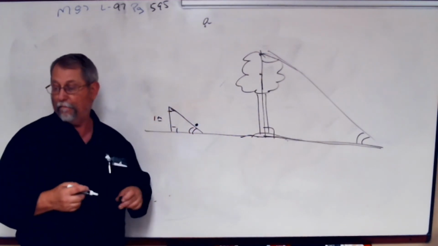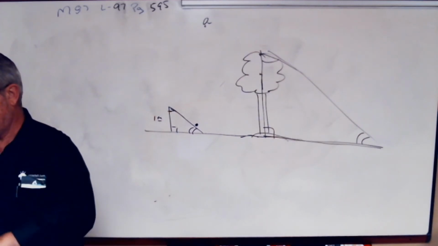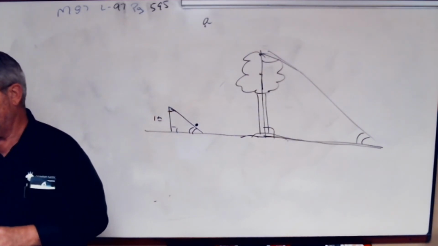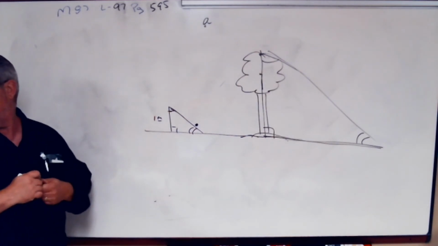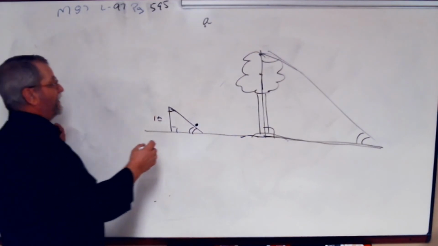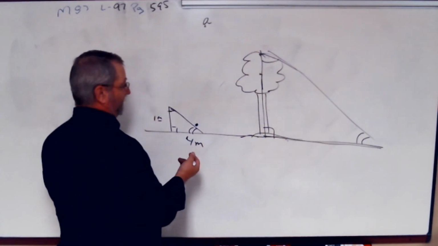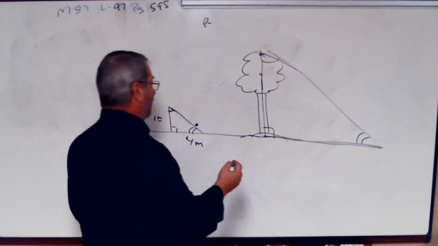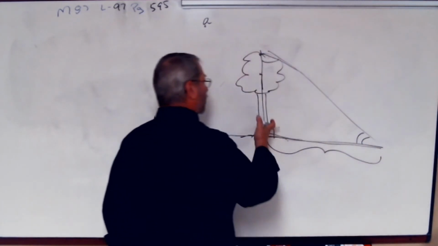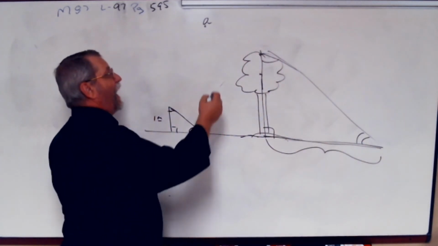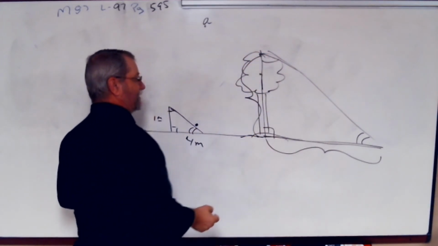So if I have my 1 meter tall stick, let's come back over here, and let's just say the 1 meter tall stick casts a shadow that is 4 meters long because I measured it. Okay, and what I can do is I know how to measure. I can measure this pretty easy. A little bit hard to crawl up on top of the tree with a stick. I want to find out how tall the tree is. I want to find out what this is on this triangle.